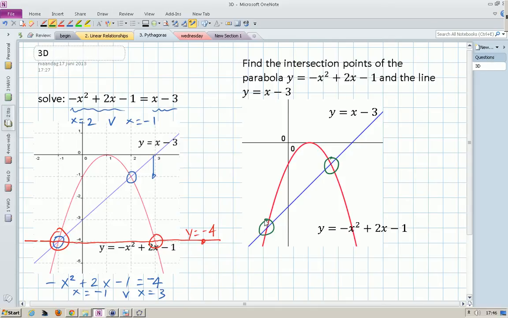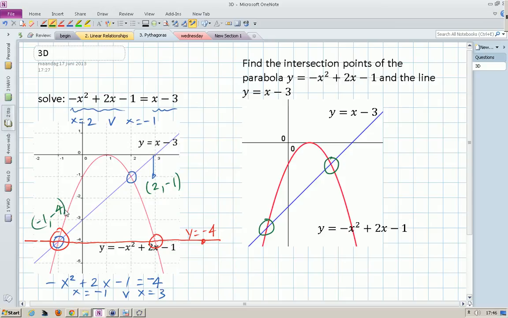We can see that there's no scale in this diagram, whereas there is here. Obviously, we already know the answer to the question: the 2 intersection points are 2 comma minus 1, and minus 1 comma minus 4.